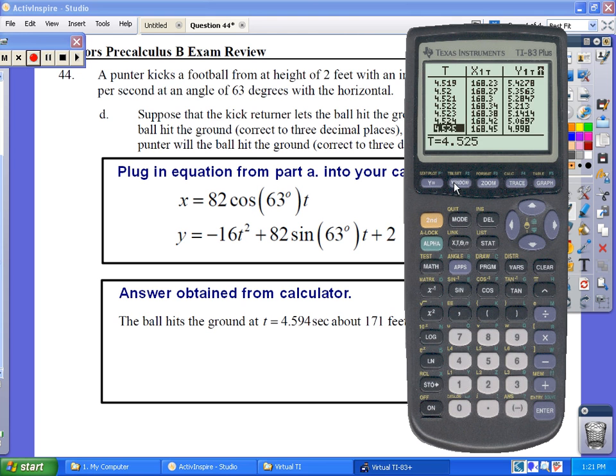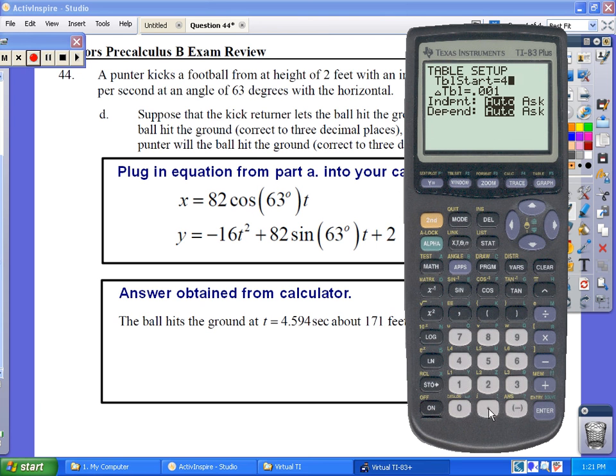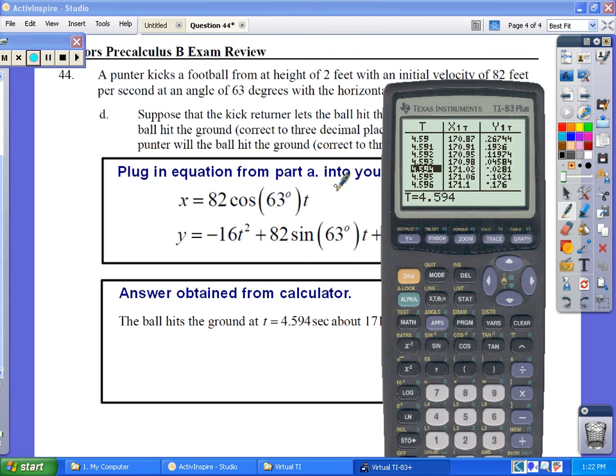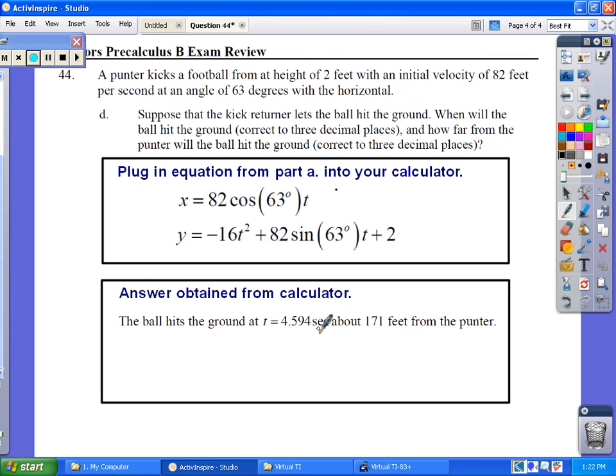So let's get a little closer, 4.59. And you can see at 4.594 seconds, the ball has just hit the ground, and it's 171.02 feet from the punter. So that answer was obtained from the calculator.